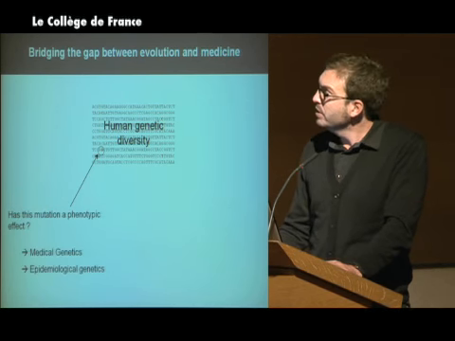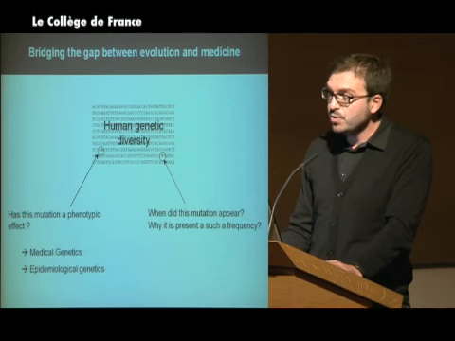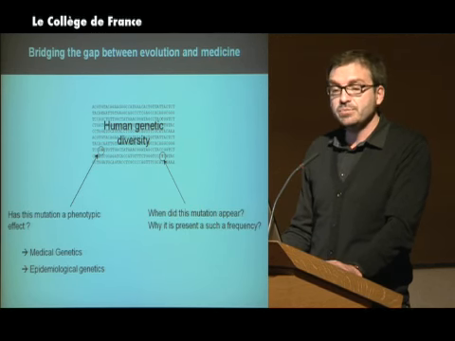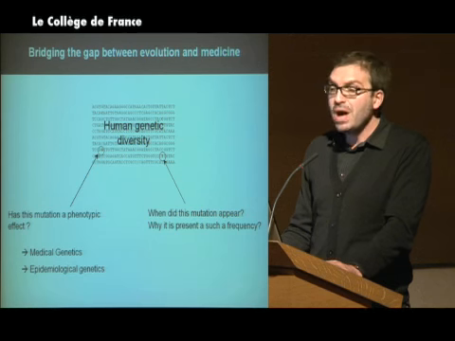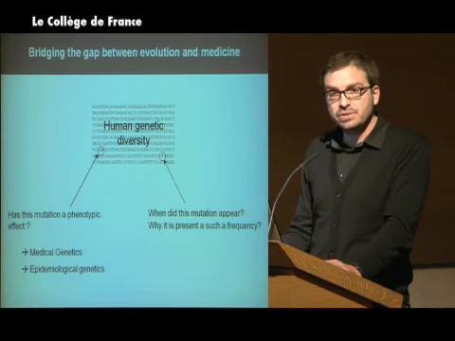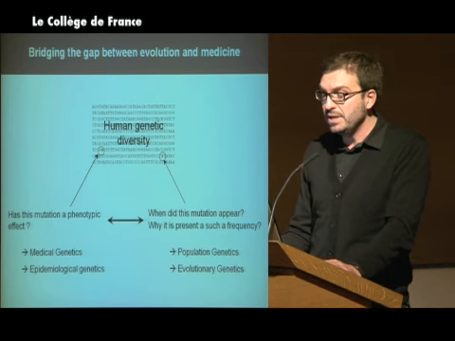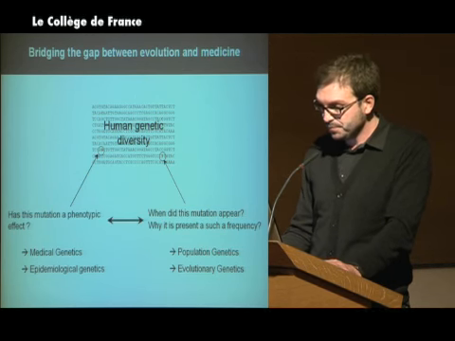And here we use medical and epidemiological genetics approaches, but we can also address the question of when this mutation appeared, or why this deleterious mutation involving an immunological deficiency is present at such a high frequency in the population. And for that we use population and evolutionary genetics. The idea is one approach informing the other and the other way around.